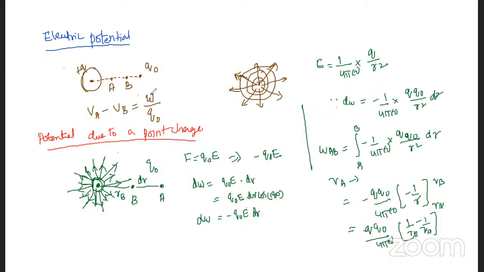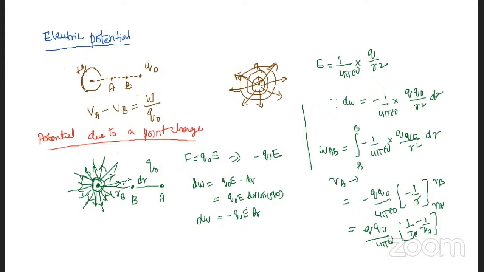And we have also seen the potential due to a point charge. Generally, the potential is nothing but the amount of work done in order to move a positive charge from infinite distance to within the field.